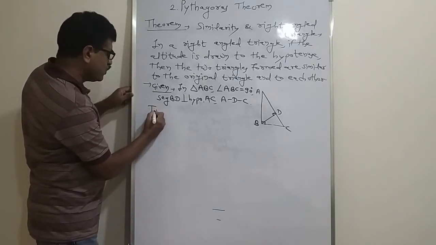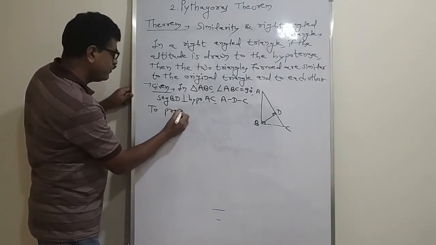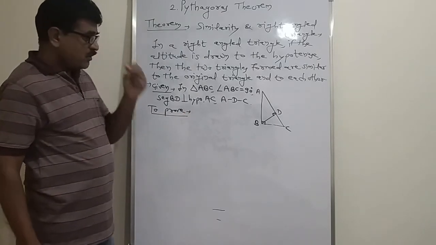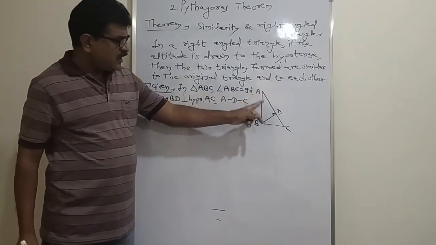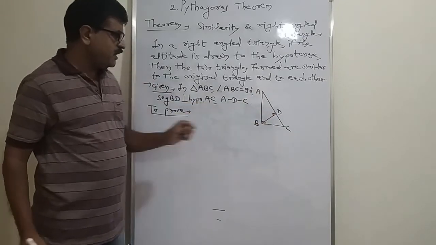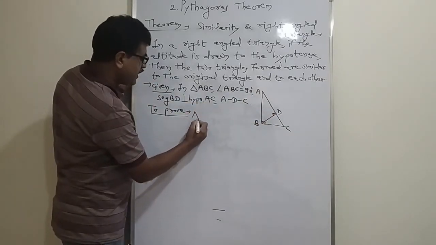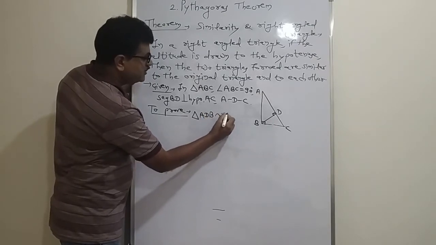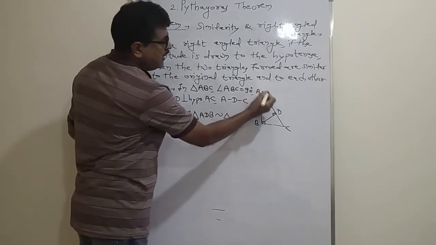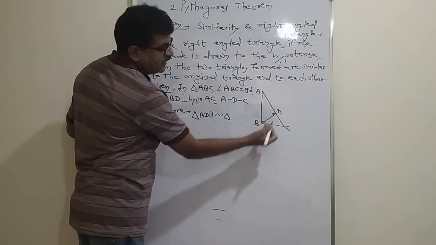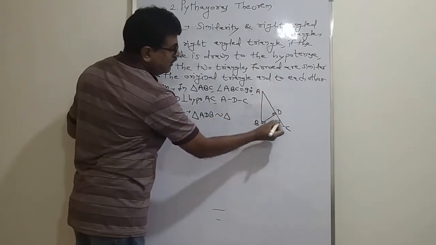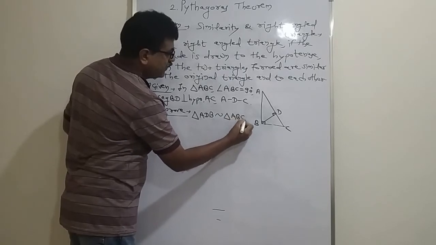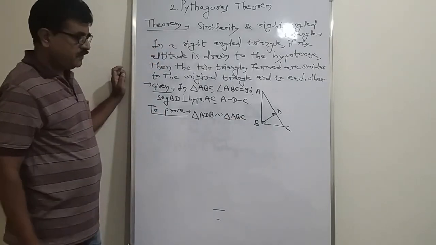Now we have to prove. First, we have to prove triangle ADB is similar to triangle ABC.